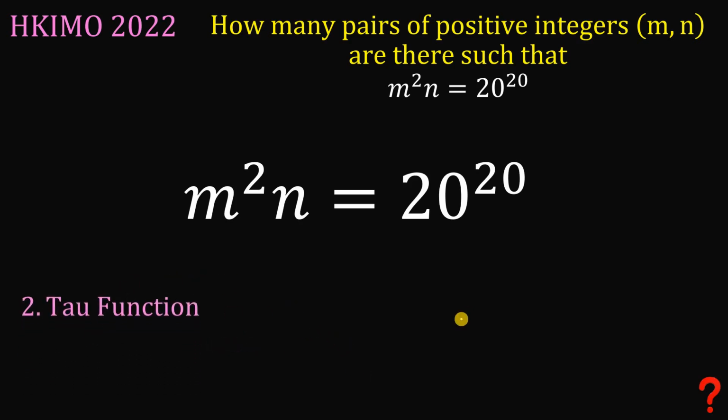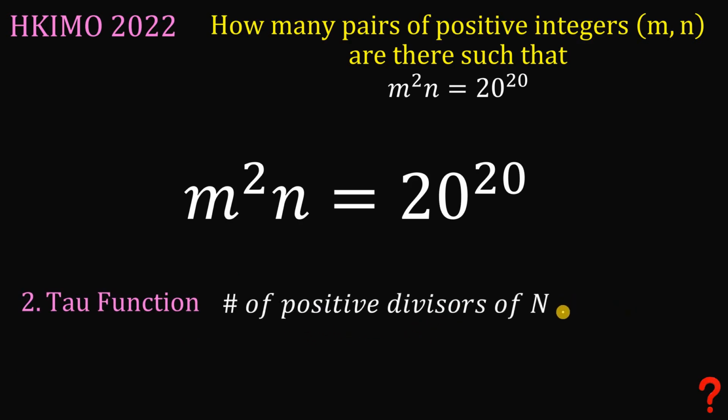So let's do that. Again, the tau function is a function to get the number of positive divisors of n. We know that any natural number, we can factor it using prime factors. So n can be equivalent to p sub 1 raised to some power, this is a prime number raised to some power, times the second prime number raised to some power, times the third prime factor raised to some power, and so on and so forth.